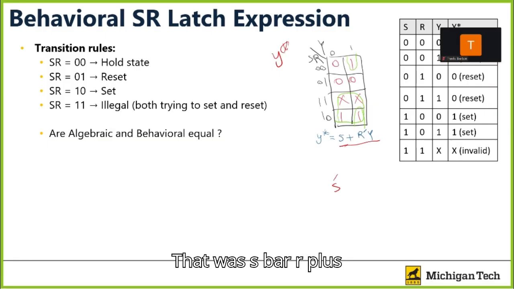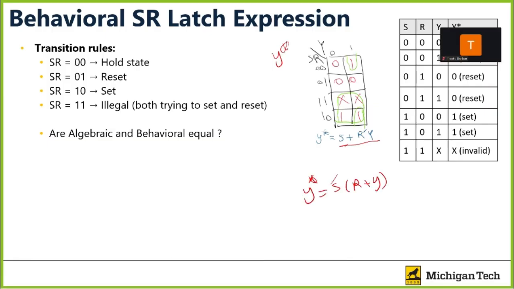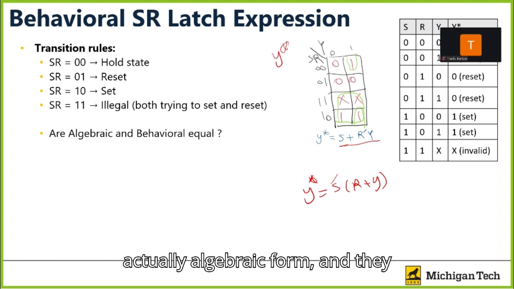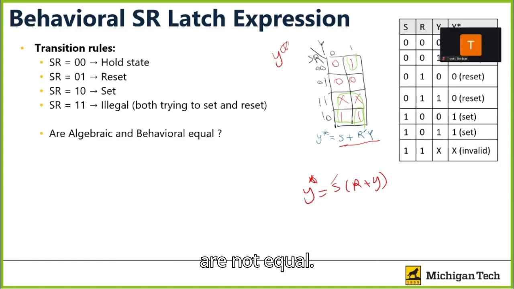That was S bar R plus Y, coming from the algebraic form, and they are not equal. So how can we explain that? Normally, that makes asynchronous circuits a little complicated.